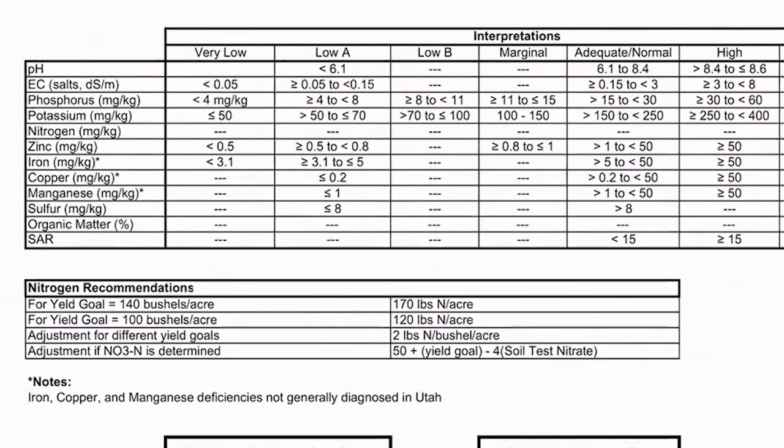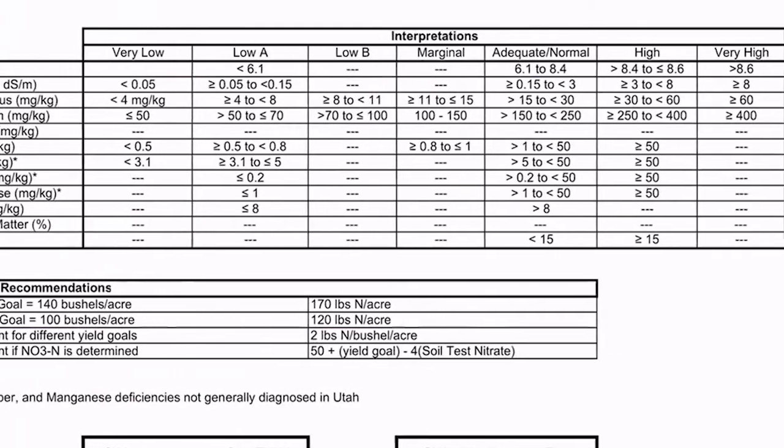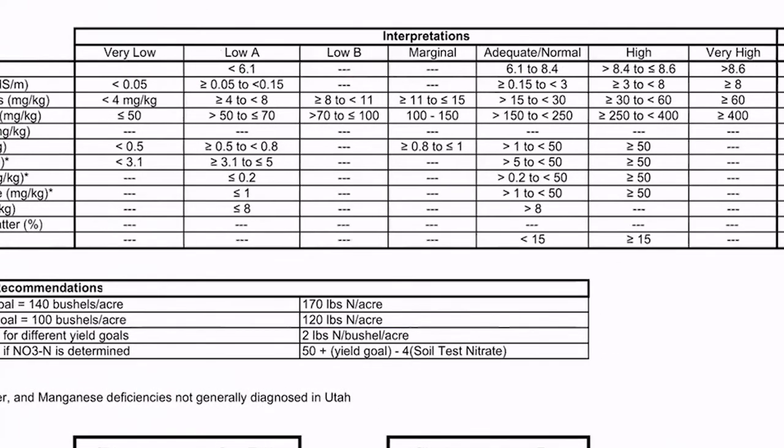And what you'll see is this table here, where you have on the left-hand side the different soil tests: phosphorus, potassium, nitrogen, zinc, and so forth. And then from all of that research that's been done on rates and response to levels of nutrient in the soil, you see it broken down into various categories of nutrient content or the soil test level of that nutrient in your sample. For most of ours, the adequate or normal is the sufficiency level.